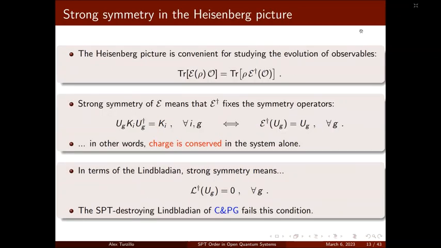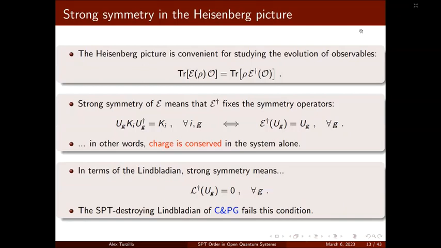So just to build more intuition for how the two symmetry conditions differ, here's another perspective. Since we're interested in order parameters and their expectation values, it's nice to work in the Heisenberg picture, where instead of evolving some arbitrary state, we can just evolve a fixed order parameter, in this case the string order parameter, by the adjoint channel.